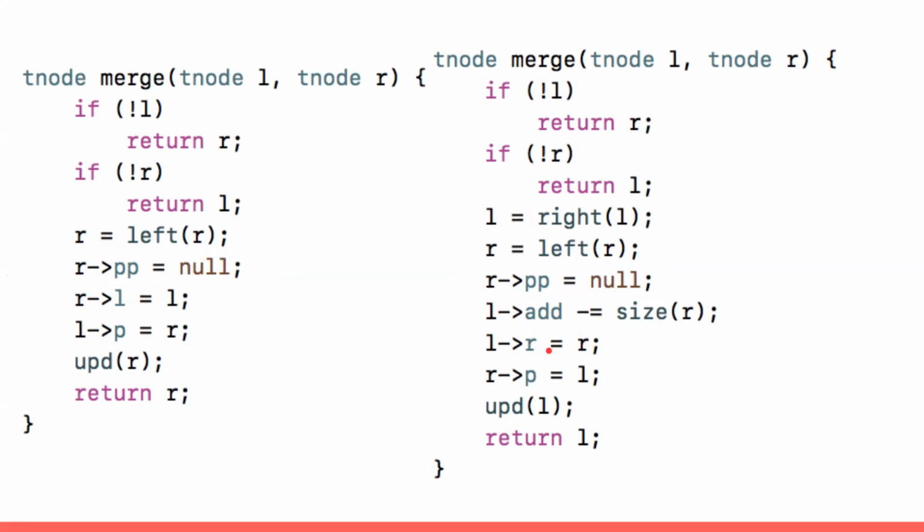And what else is changed here? Oh yeah, we should find the leftmost element in the right part and the rightmost element in the left part, so that we can change the add value for this node. Okay, any questions about that?